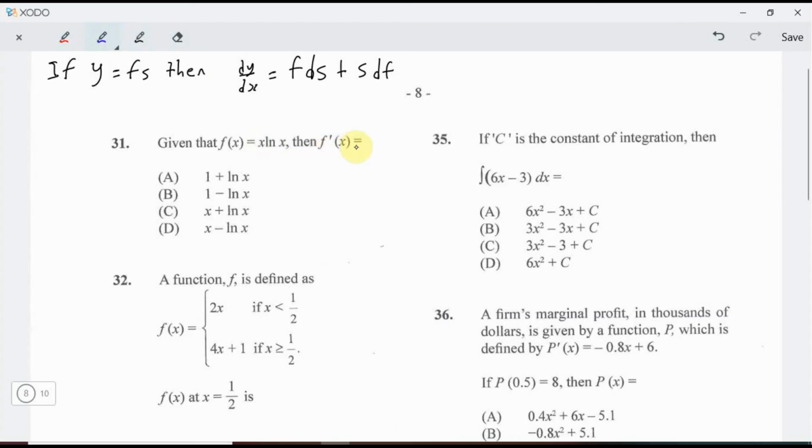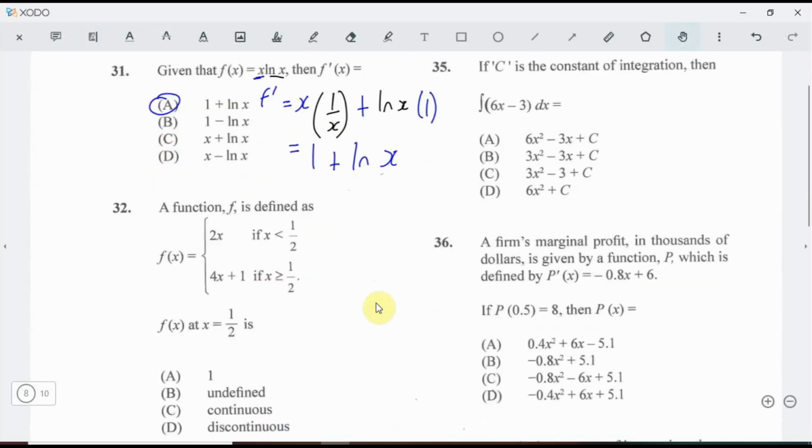The derivative will be f prime of x equal to keep the first, the x, times the derivative of the second. The second is ln x. When you differentiate ln x, you get 1 over x, plus keep the second, ln x, times the derivative of the first. The derivative of the first is 1. So the answer works out to be x times 1 over x is just 1, plus ln x. Option A, 1 plus ln x.